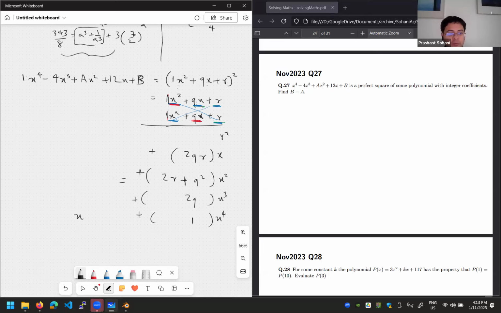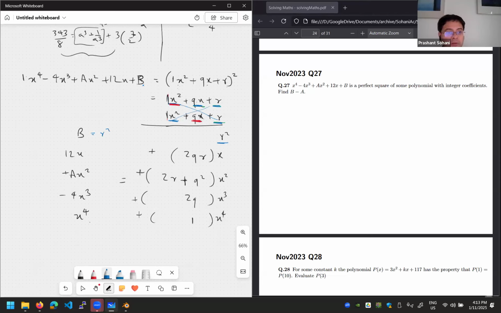If I write it term by term, the x raised to 4 has to match with x raised to 4, x cube has to match with this one, then plus A x square plus 12x plus b. If I compare the coefficients, I get all the information I need. So b is equal to r square.